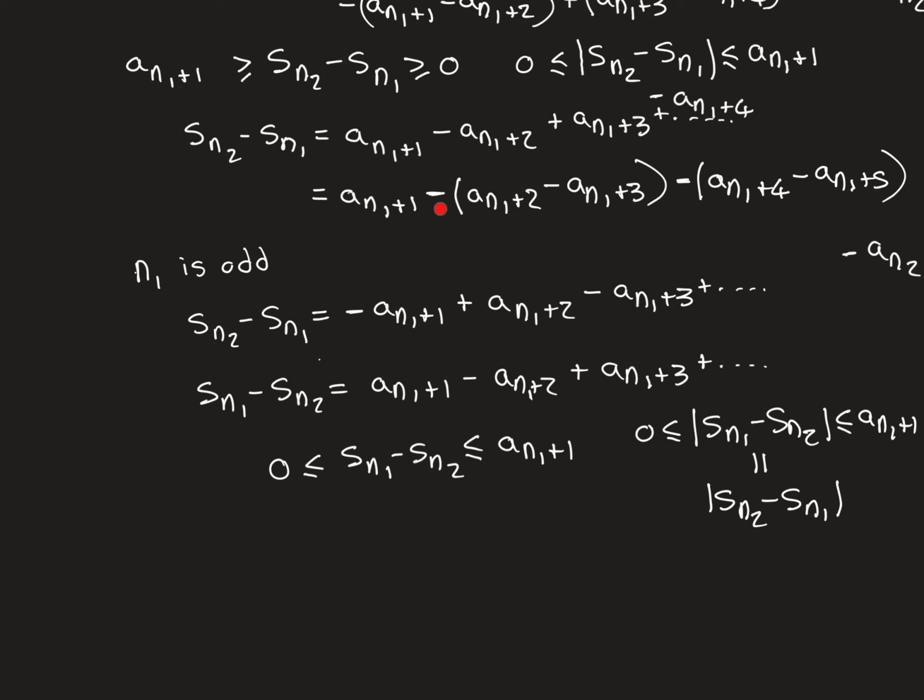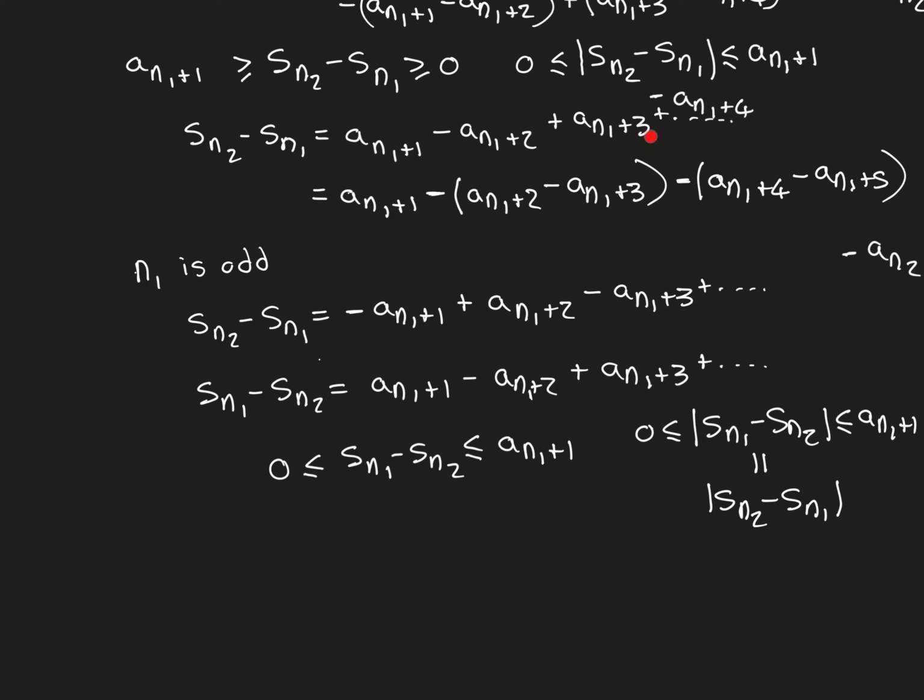So overall, what I've just argued there very quickly is that even in that other case where n1 was odd, this inequality that we've discovered still holds true. So the difference between these partial sums is still bounded above by this and below by 0. So what we have shown overall is that all these differences of partial sums are less than or equal to the first term in that sum that makes the difference.